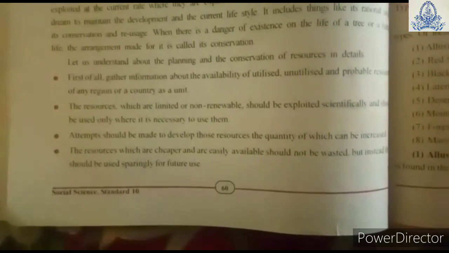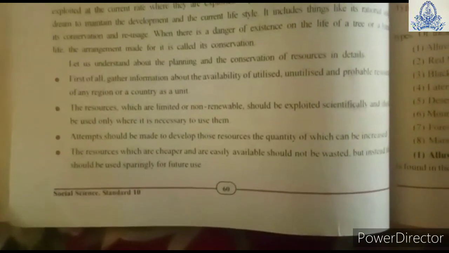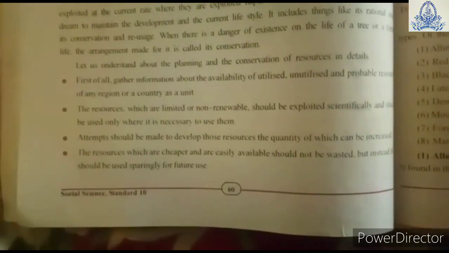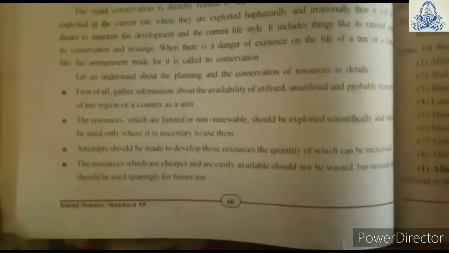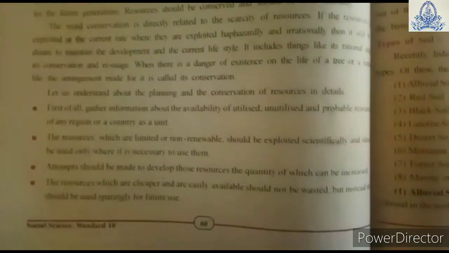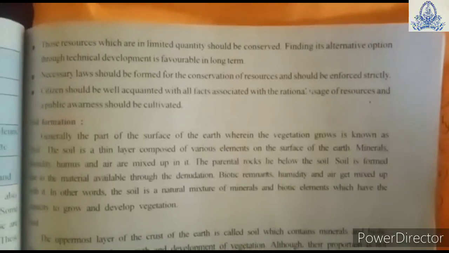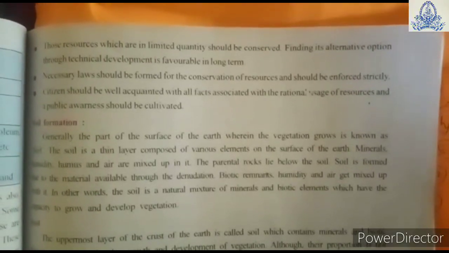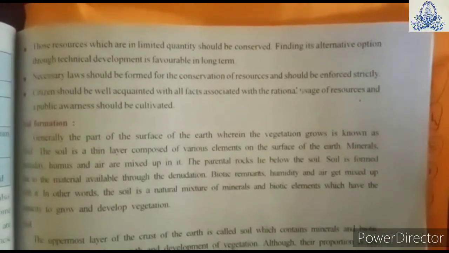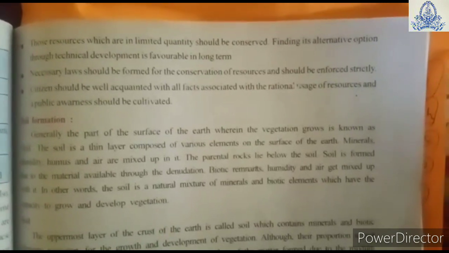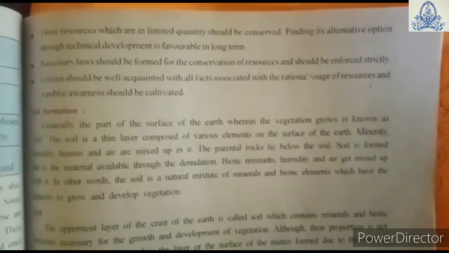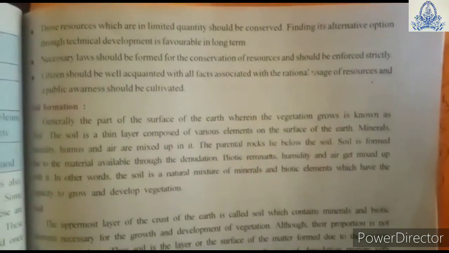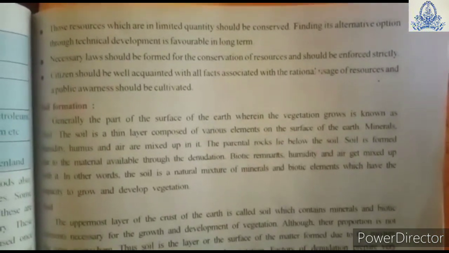For example, petroleum: if we go on using this type of product, then certainly in future there will be scarcity of it. Now those resources which are limited in quantity should be conserved, and we should find an alternative option. As I told you, with solar energy as an alternative, we can save electricity also.